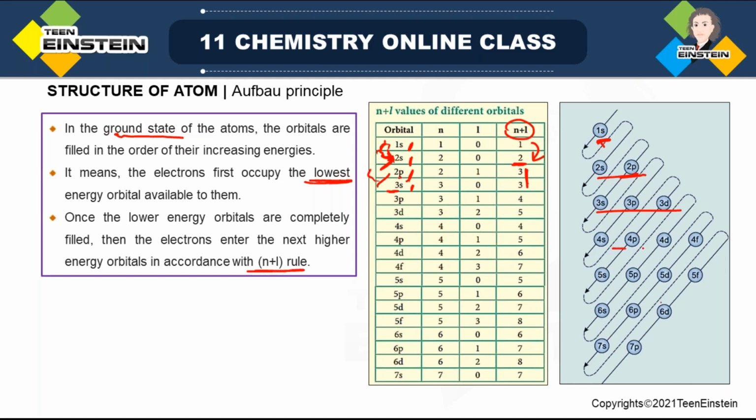The next line, all the orbitals possible with principal quantum number 4: 4s 4p 4d 4f. Now once you have written all this, move in this direction, then you will be able to understand which one has higher energy. After 2s it is 2p, and after 2p it is 3s. After 3s it is 3p, and in this way it moves on. Fine.